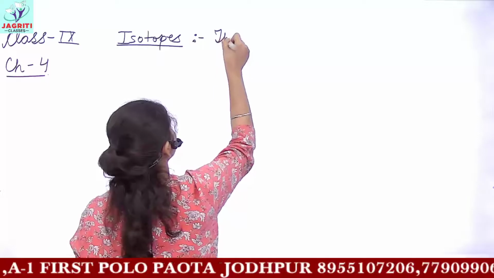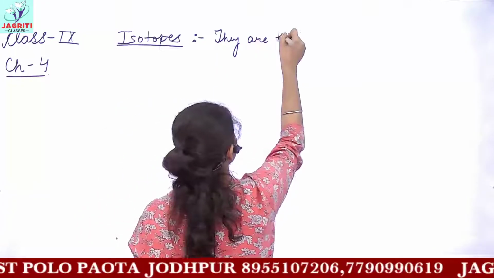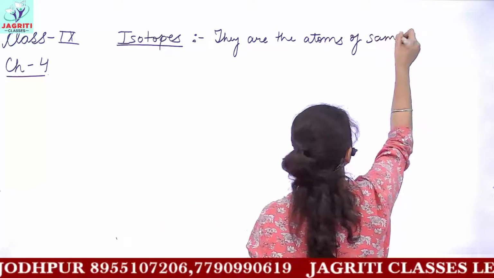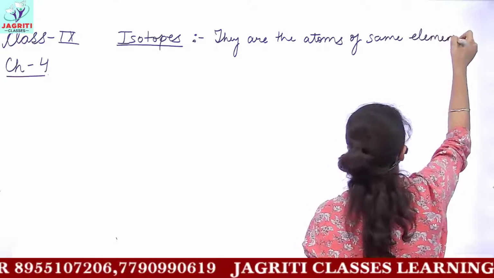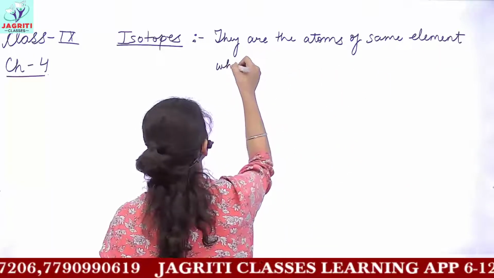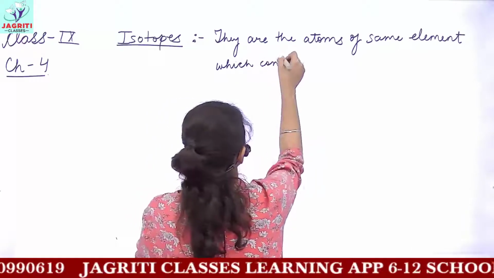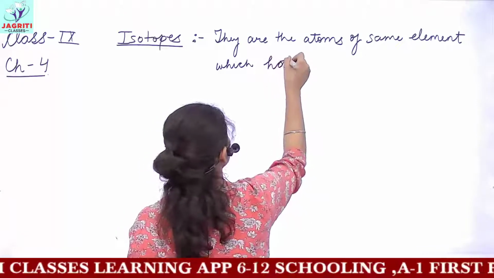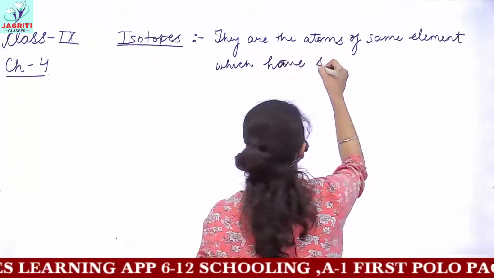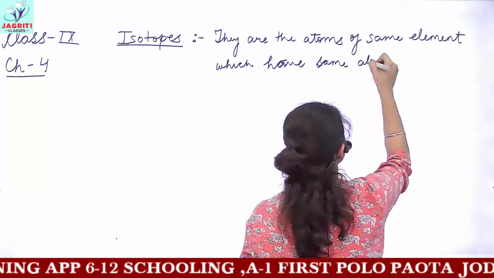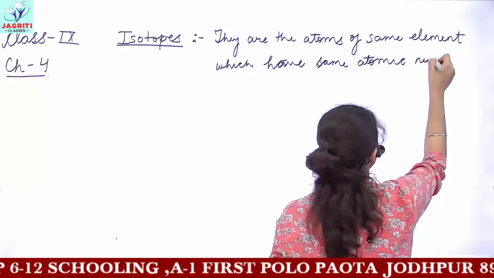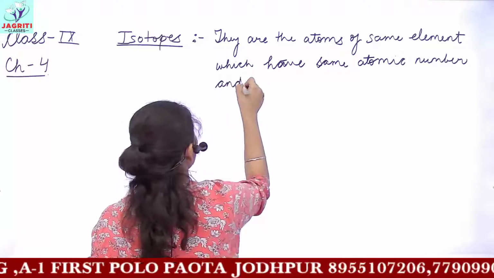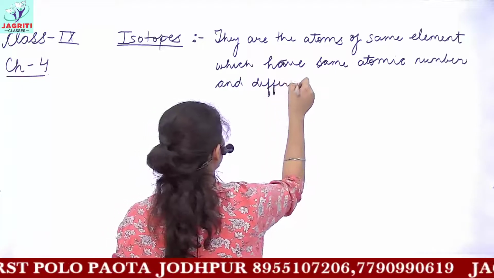Isotopes are the atoms belonging to the same element which have the same atomic number and different mass number. Okay? So all the atoms which have the same atomic number and different mass number are referred to as isotopes.